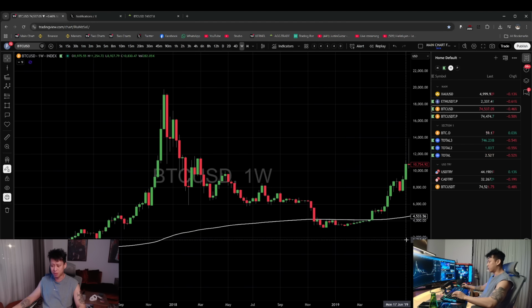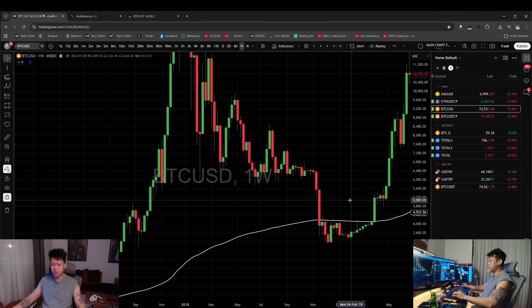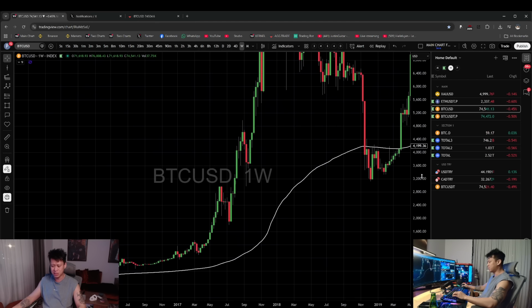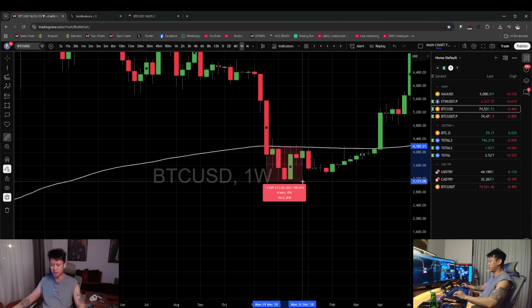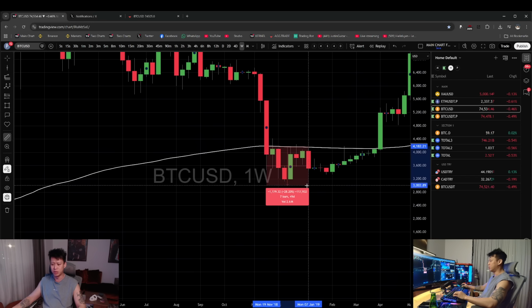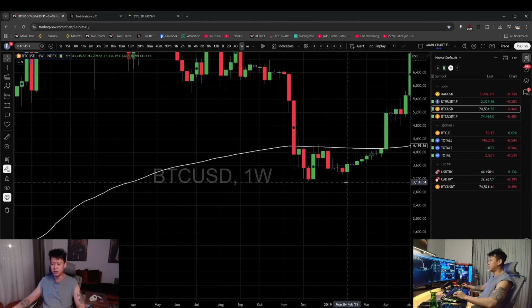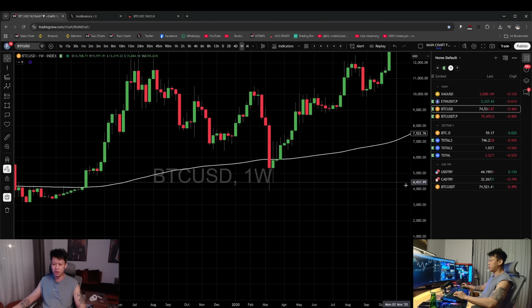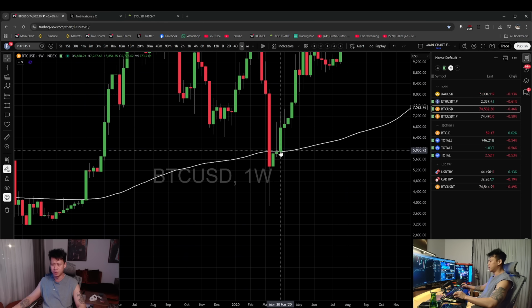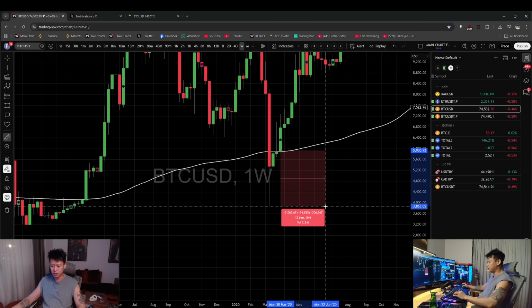In the second bear market, something almost similar happened. The next bear market, 4 years later, we ended up smashing below it again, well below it, by over 25% below the moving average. Then we rallied a little bit, and eventually we ended up entirely smashing below it again.